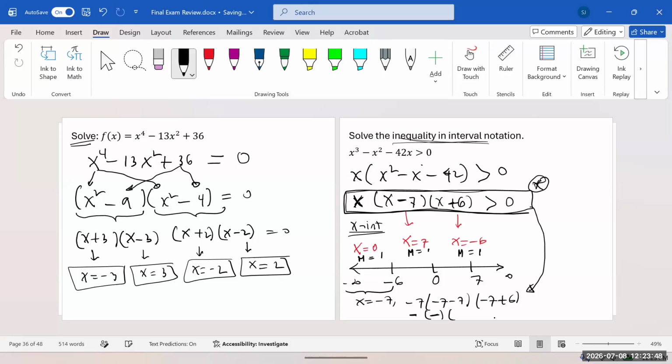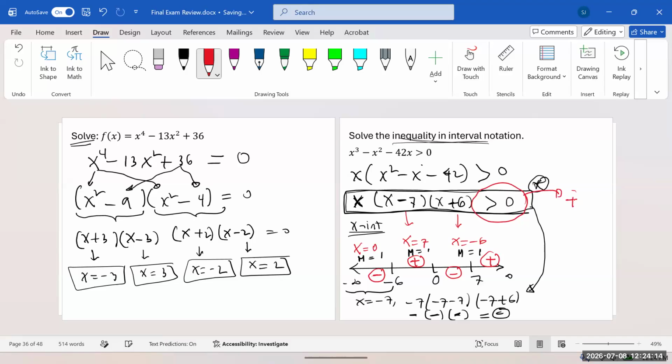And how about the last interval? The last is also negative. If you multiply 3 negatives, the result is negative. So if this is negative, the next interval must be positive. The next interval must be negative, and the last interval must be positive. And now see what we are looking for.